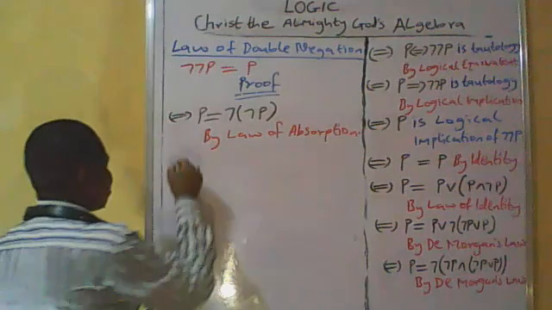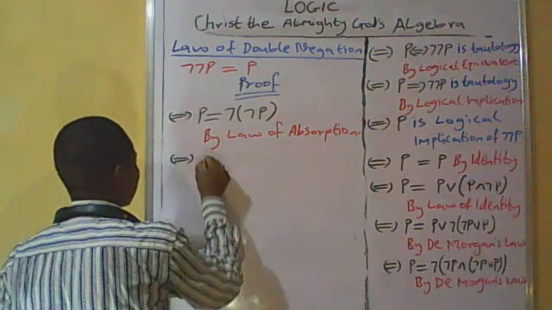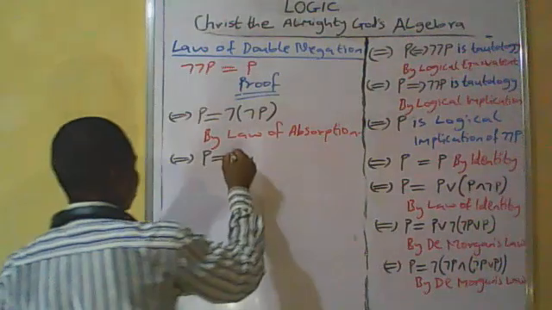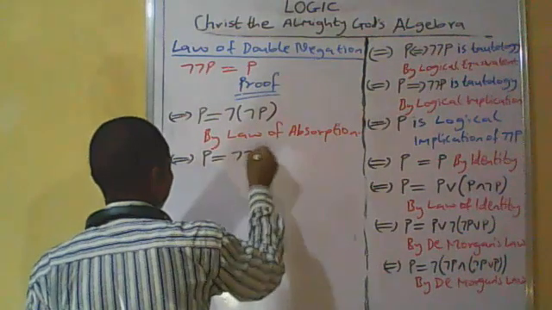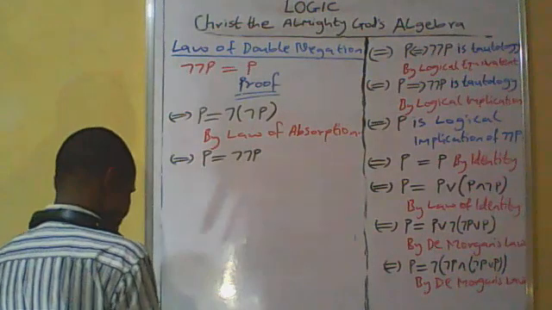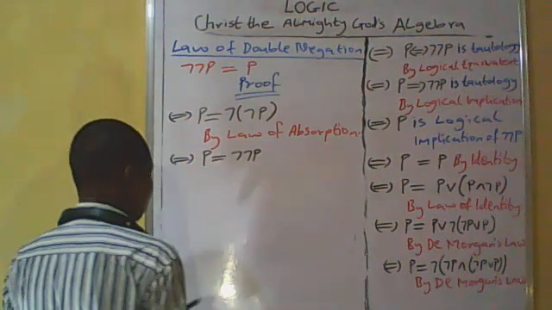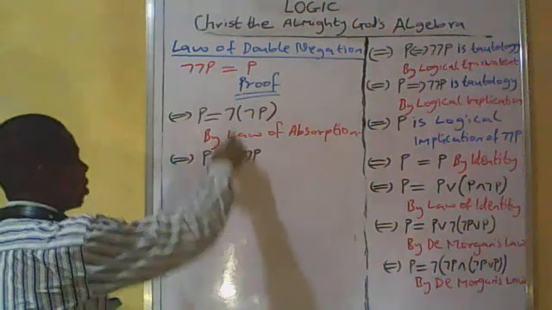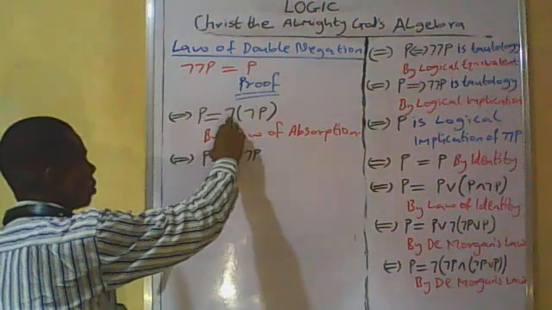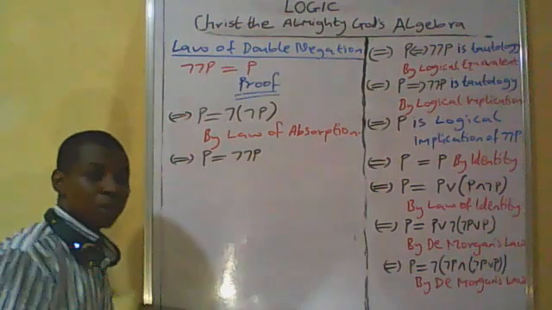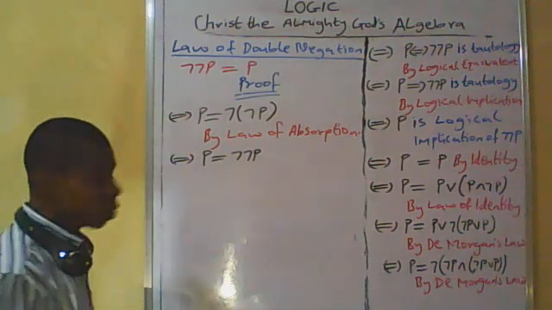Sorry. If and only if P is equal to not P. Now you see that not bracket not P is equal to not P by law of distribution.